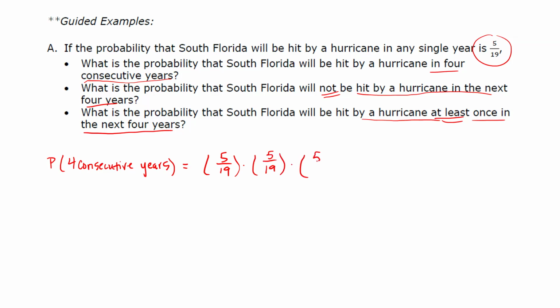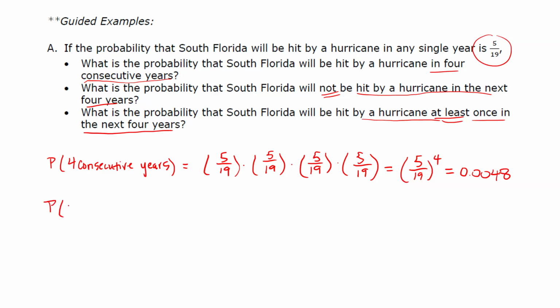Year 3, the probability is 5/19. Year 4, the probability is 5/19. So this is 5/19 to the 4th power, which equals 0.0048.